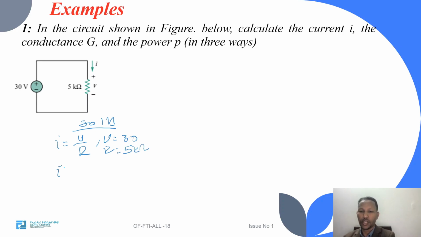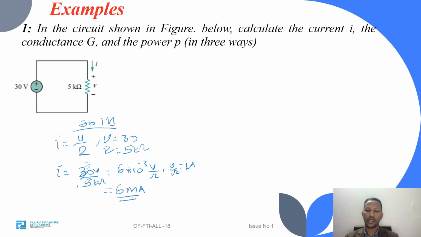So the current will be 30 volt over 5 kilo ohm, which equals 6 times 10 raised to minus 3 volt over ohm. We know that volt over ohm is 1 ampere, and 10 raised to minus 3 is milli. So the current is 6 milliampere.